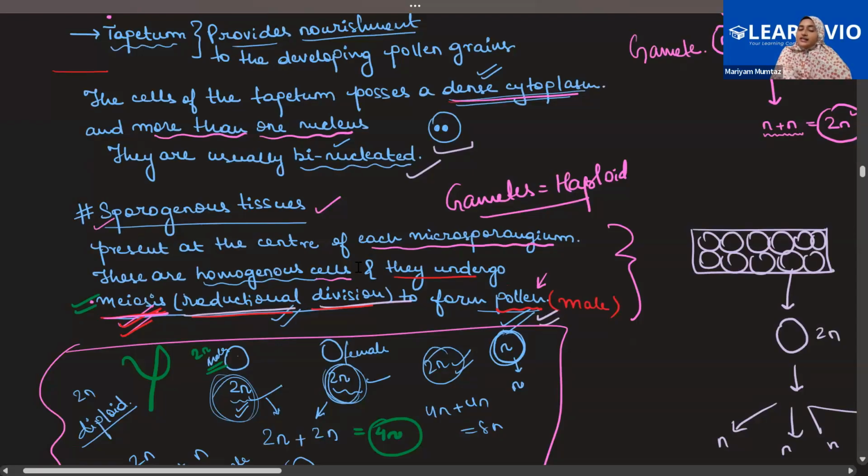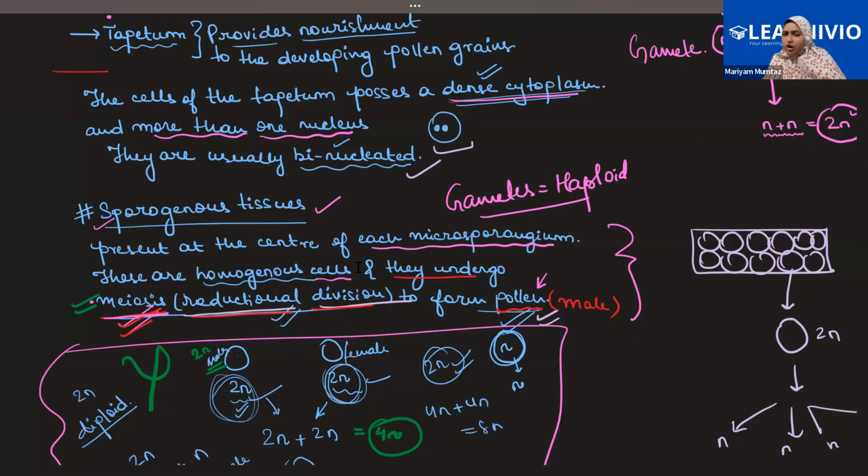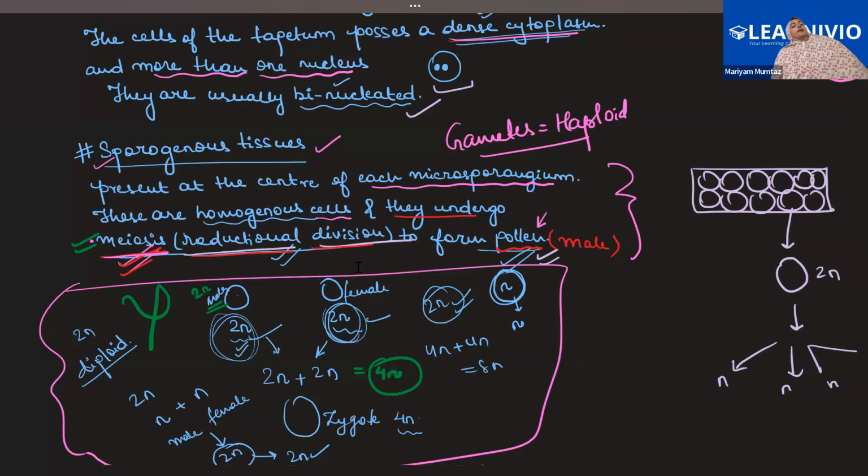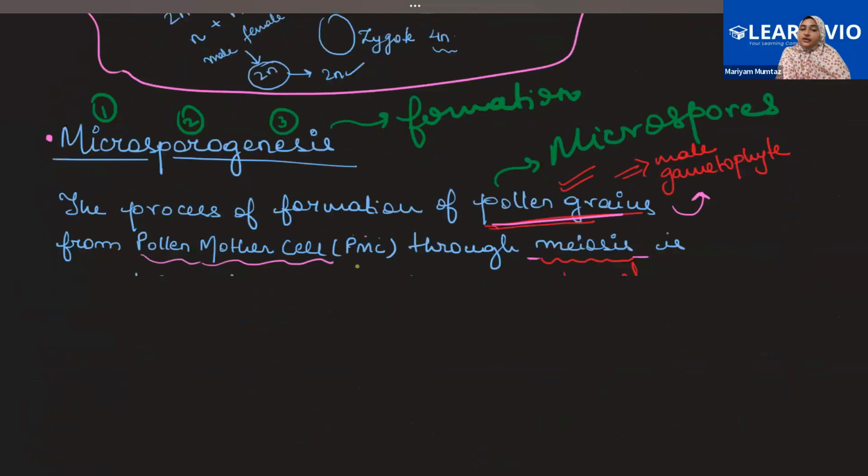They are homogeneous cells, meaning the cells of this tissue are the same, with the same composition, size, and everything. And the sporogenous tissue undergoes meiosis to form the pollen grain, the male gamete of the plant. Always remember that the sporogenous tissue undergoes meiosis.